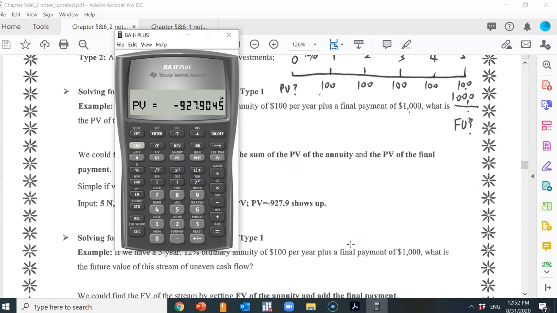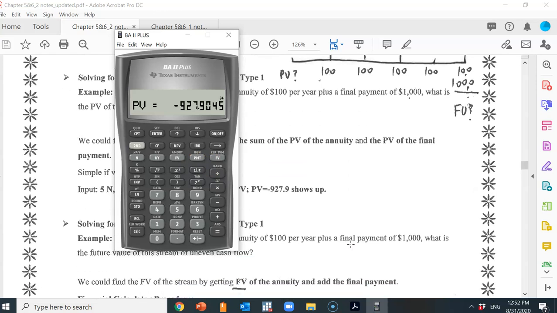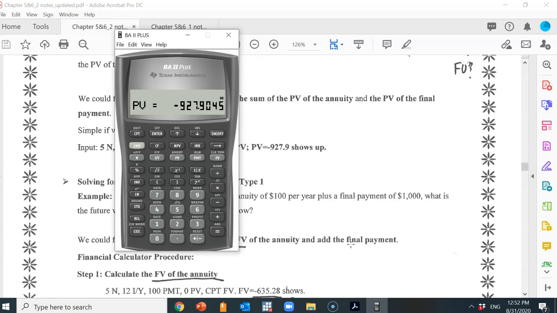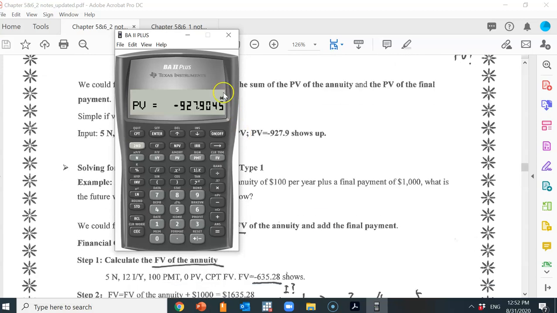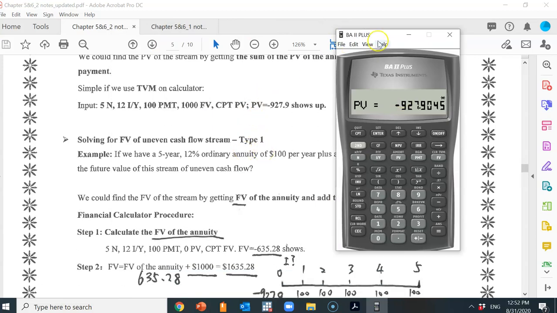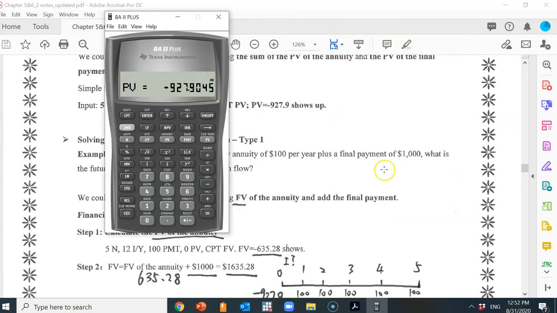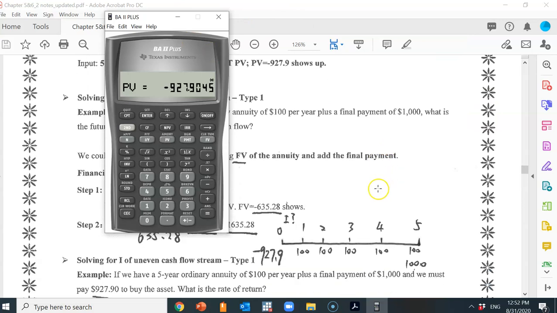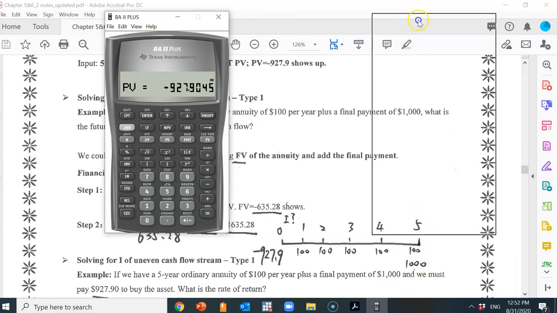What if it's the same cash flow and we are looking for future value this time? If it's future value of the same uneven cash flow, we can see on the timeline here that this additional 1,000 is already at the end of the 5th year.